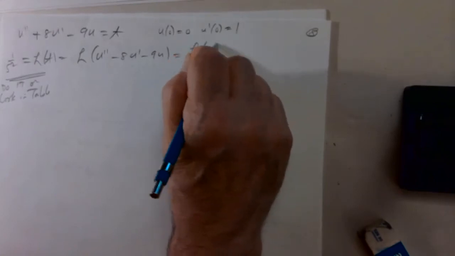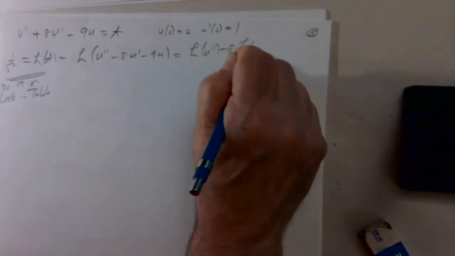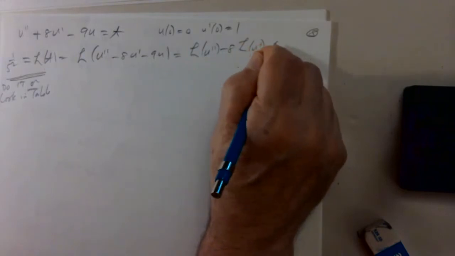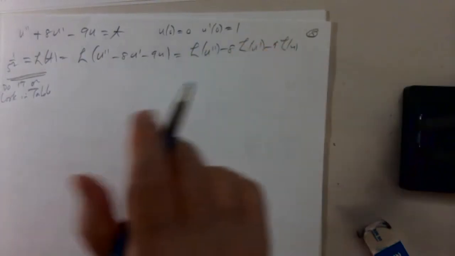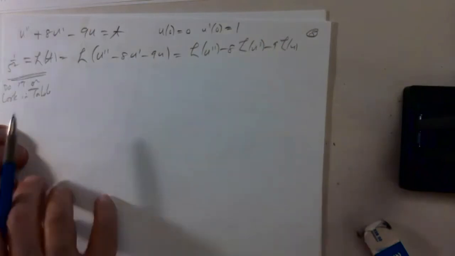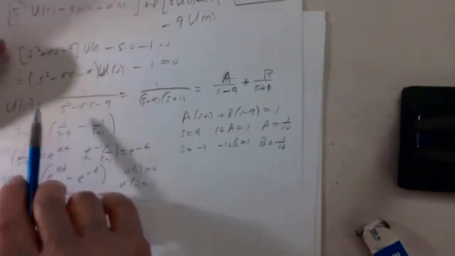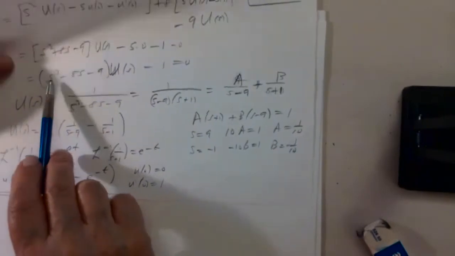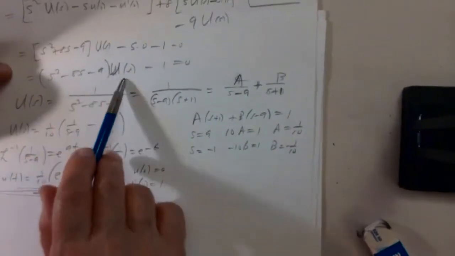This is equal to Laplace transform of u double prime minus 8 Laplace transform of u minus 9 Laplace transform of u. I already worked that out. Let's see. S squared minus 8s minus 9u minus 1.